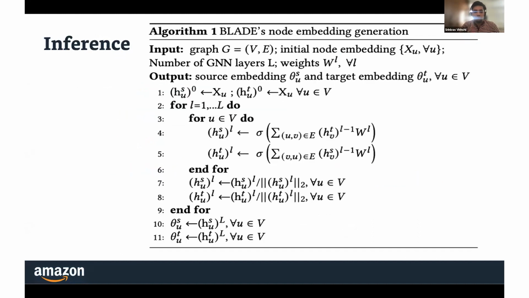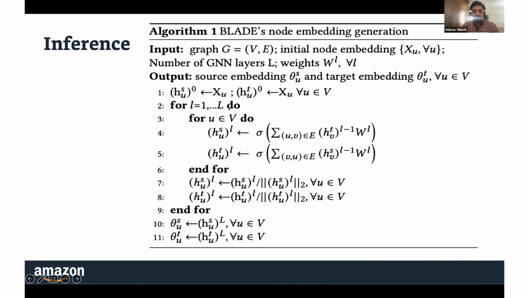And during inference, once we learn the W and the L parameters for the GNN, you create an inference graph. If you look at the embeddings, XU and X are basically the initial embeddings. So for now, assume that we have some way to initialize the initial embeddings.